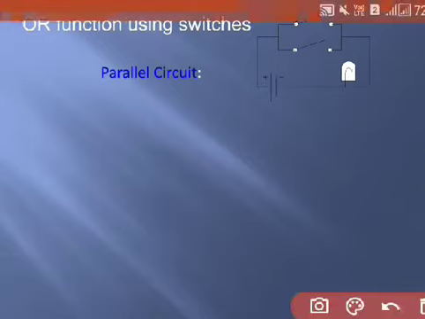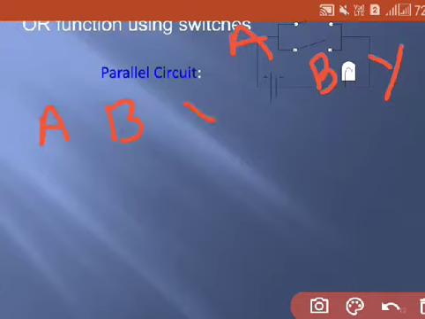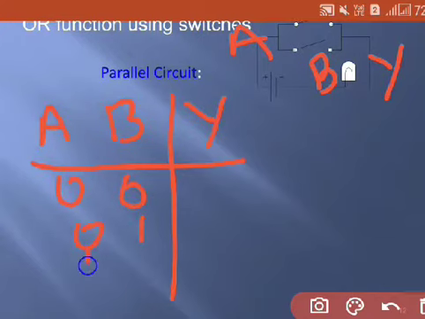For example, one switch is A and the other switch is B, and the lamp being turned on or off is Y, that is the output of the OR gate. So with two inputs A and B and output Y, you have four different input combinations: 0 0, 0 1, 1 0 and 1 1. Correspondingly, we need to observe how the output varies.